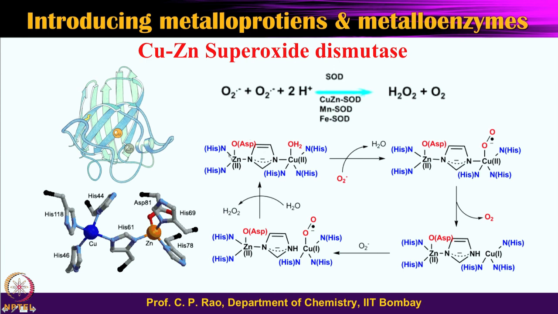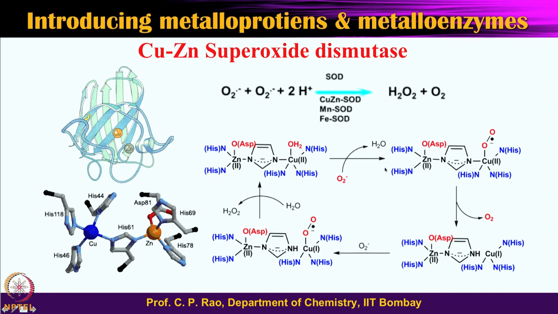So, you take the native form of the enzyme where you have copper 2, and now you add O2 minus. The O2 minus will bind at the copper 2 center, and the redox takes place and it goes off as O2. That means it takes the electron out, copper 2 becomes copper 1, and the O2 minus dot becomes O2. Now this is ready for the second mole of O2 minus dot, which is bound again at the copper 1 center, and will reoxidize it. That goes to H2O2 and the copper goes back to copper 2.